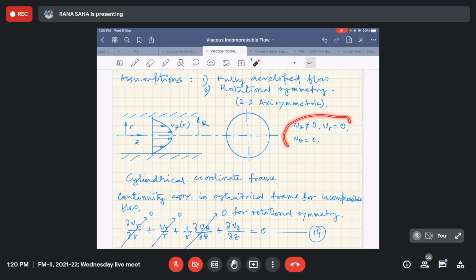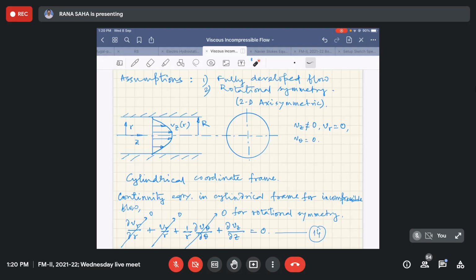And this nomenclature you can see is different than the previous treatment that we had in case of flow through parallel plates. It was in Cartesian reference frame. For pipe flow, it is more convenient to adopt a cylindrical reference frame instead of Cartesian.